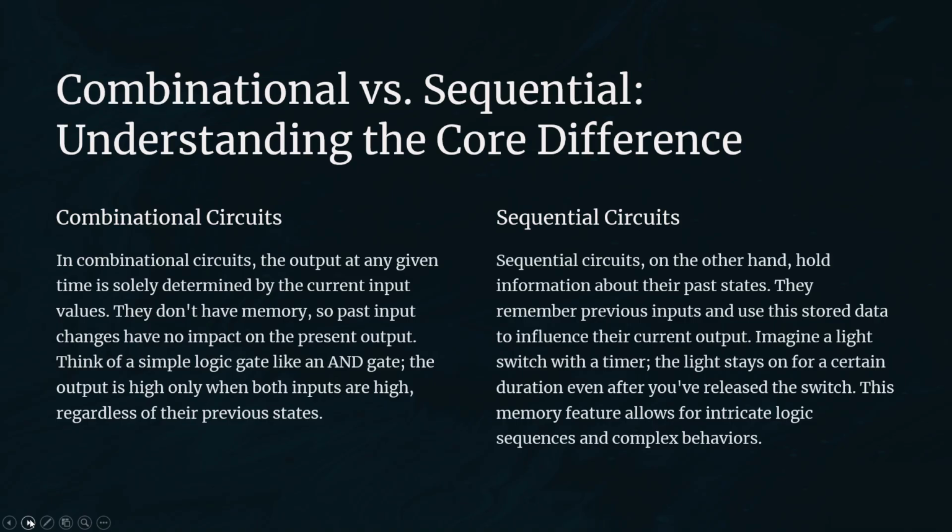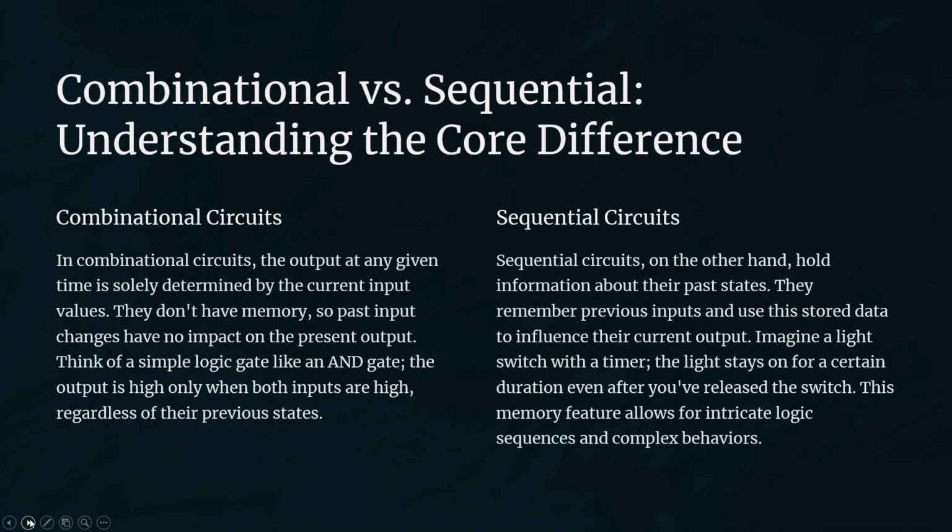Combinational versus sequential: understanding the core difference. In combinational circuits, the output at any given time is determined by the current input values.